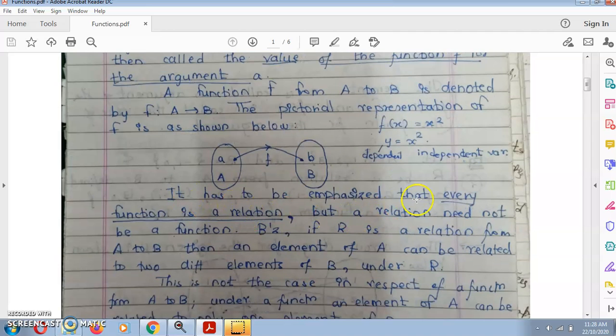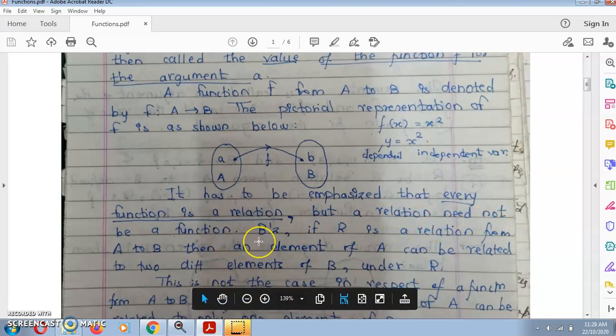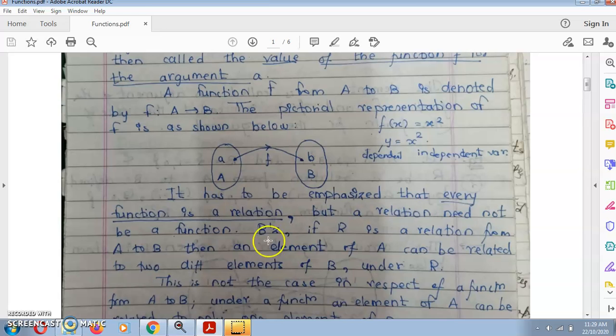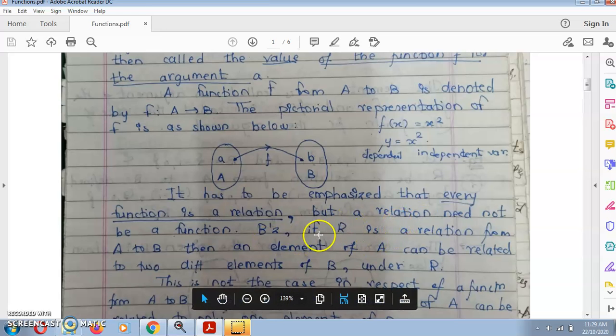It has to be emphasized that every function is a relation, but a relation need not be a function. A relation cannot always be a function, but a function is a relation.